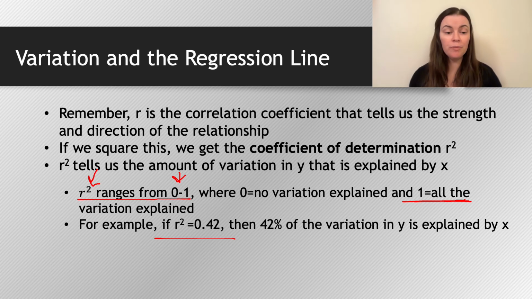If you received a score of, let's say, 0.42, that is a proportion value, as we learned all the way back in Unit 1. You could then quickly calculate it as a percentage: 42% of the variation in your dependent variable is explained by your independent variable, or in a multivariate setting, by multiple predictors.